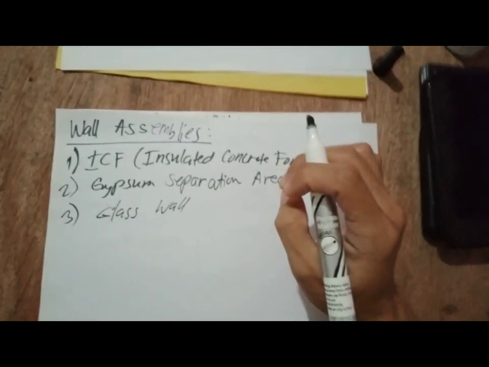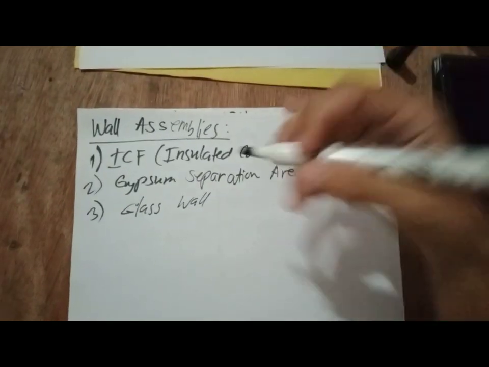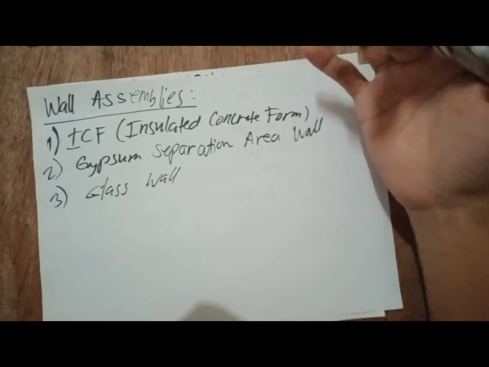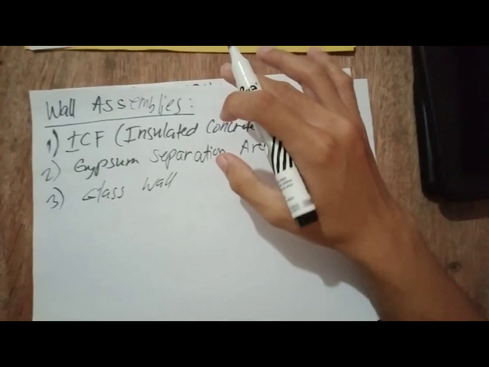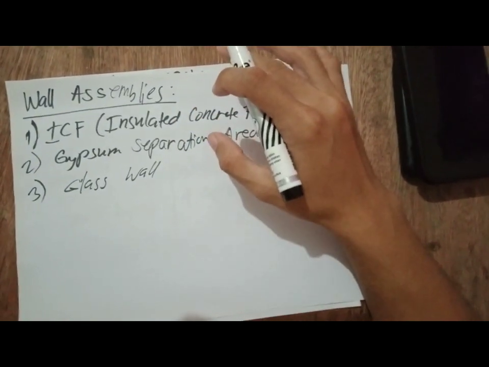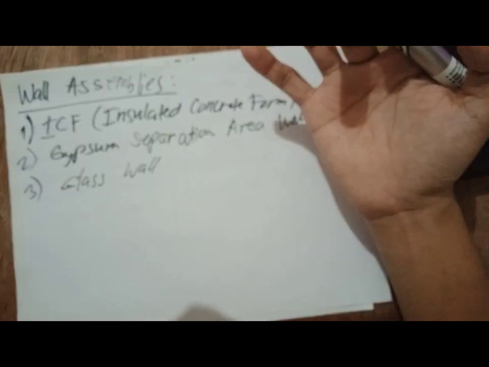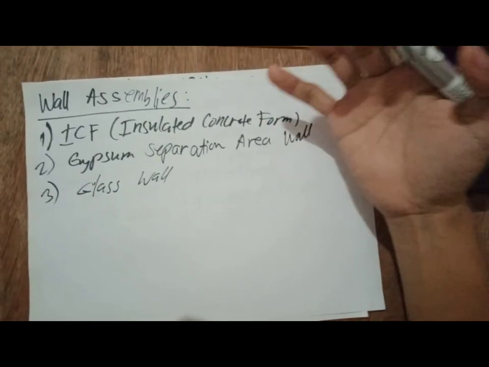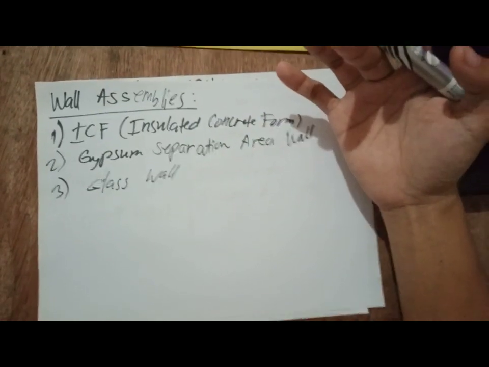So glass wall, it is used for aesthetics, the main purpose is aesthetics, and also for the transparency of the inside of your building. So it is common actually to commercial buildings.